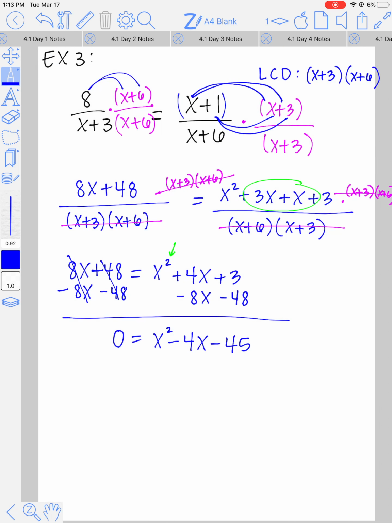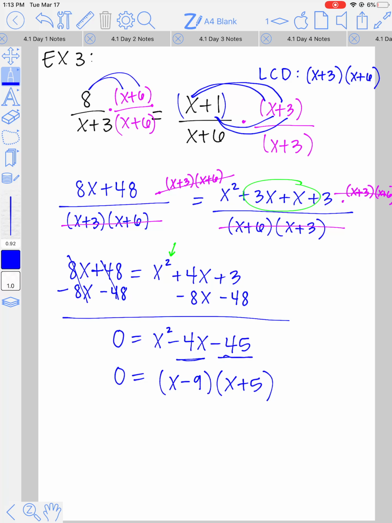We're going to do the same thing here to solve for x. So we have 0 equals, and again, we want to think of two numbers that are going to multiply to be negative 45 and add to be negative 4. In this case, that's going to be negative 9 and positive 5. So we'll have x minus 9 and x plus 5.